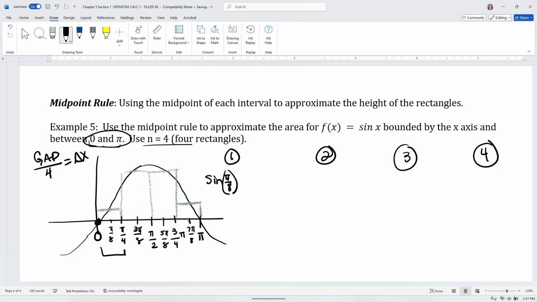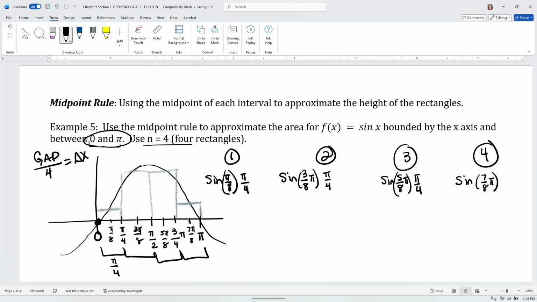Our gap is pi, so the width of each one of these is pi over 4. So height times width, height times width, height times width, height times width.